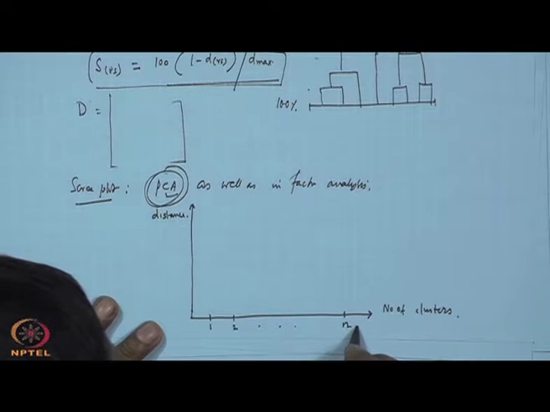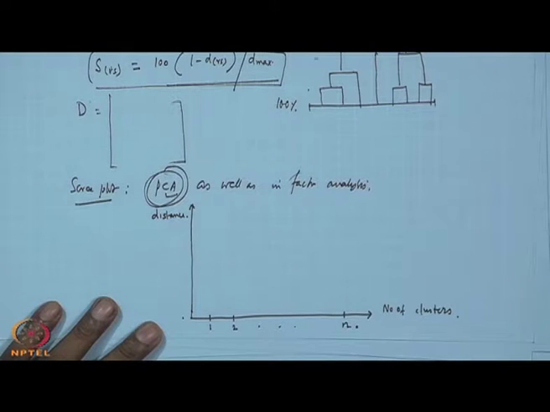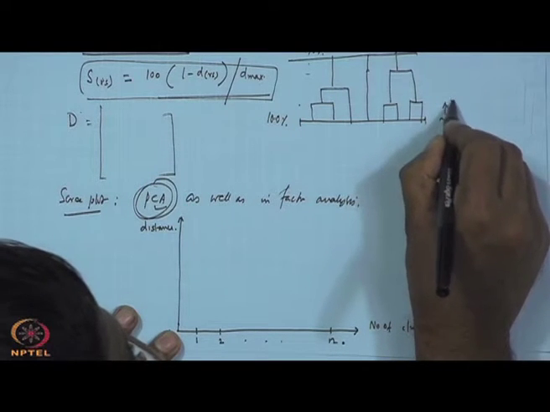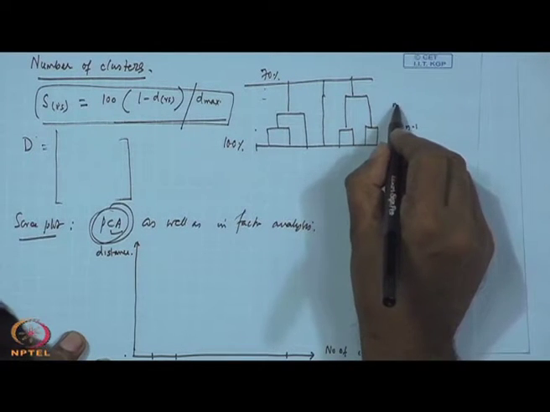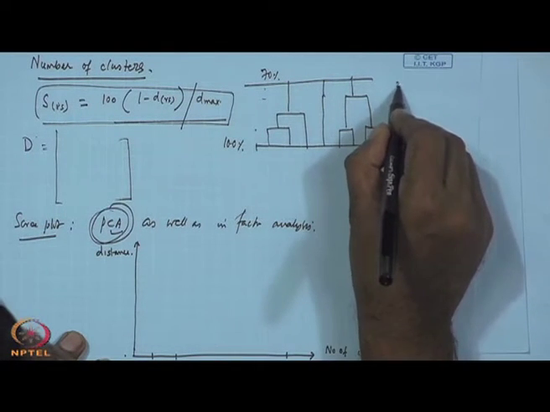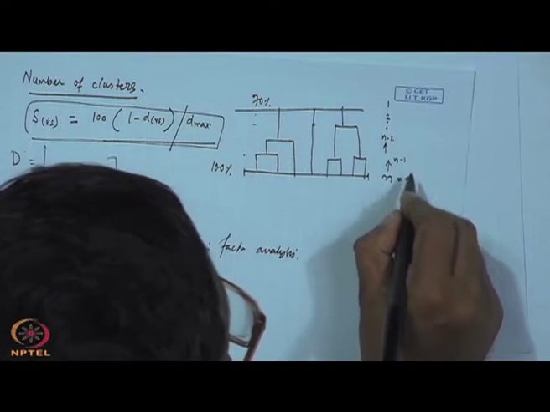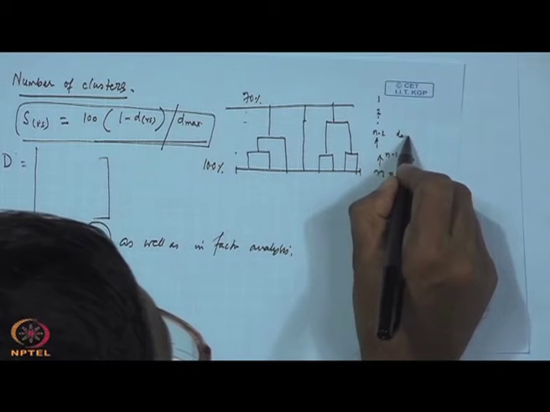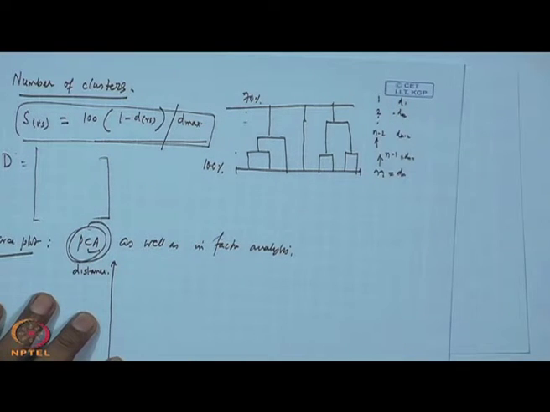When you have n clusters, the distance becomes 0. Here is n clusters, then you are creating n minus 1 clusters, then n minus 2 clusters, like this. So, if I say this is my dn, this one is dn minus 1 and this is dn minus 2, like this d2 and d1, definitely d1 will be the maximum.